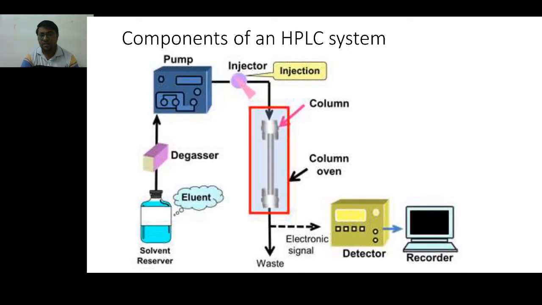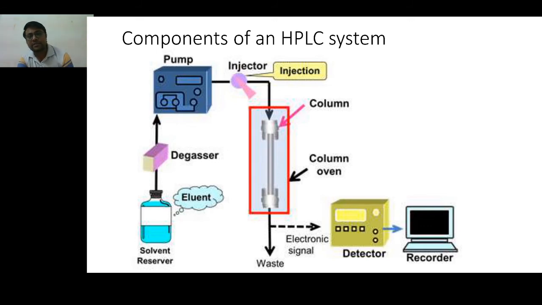Now this is the layout, or construction, of the chromatography instrument. There is a reservoir, then a degasser. The function of the degasser is to remove air bubbles from the mobile phase. Then the pump, whose function is to pump the mobile phase and push it into the column.